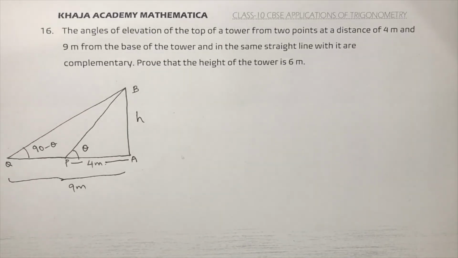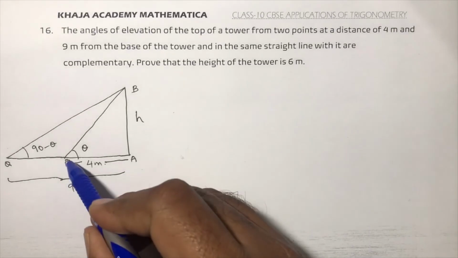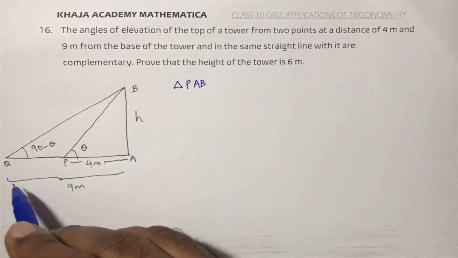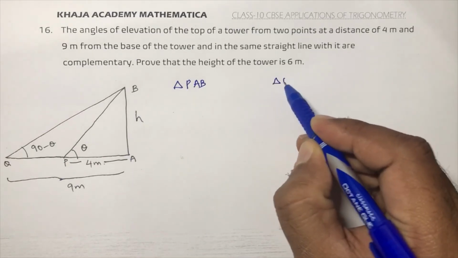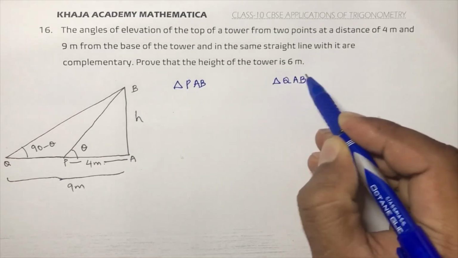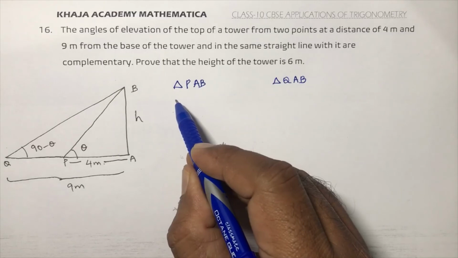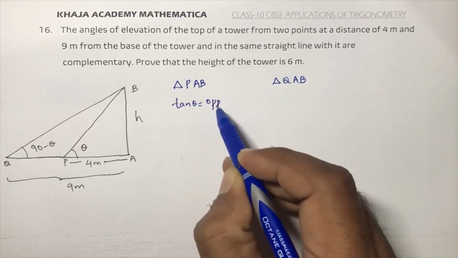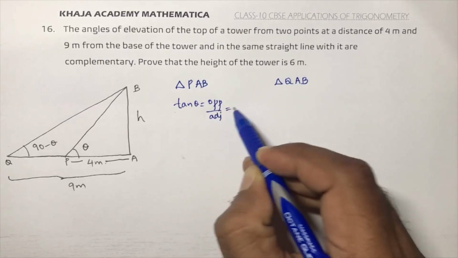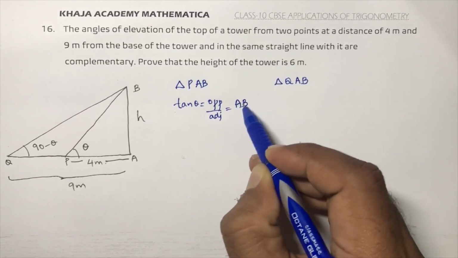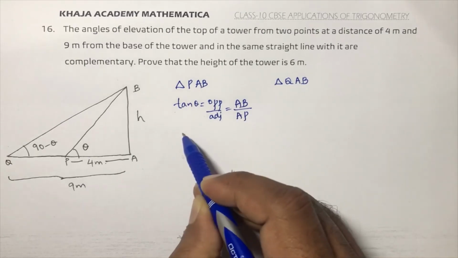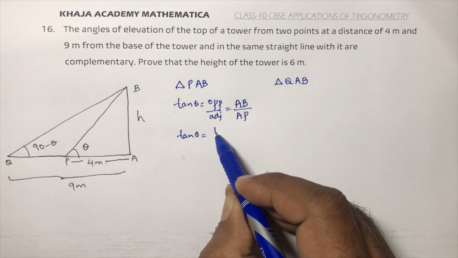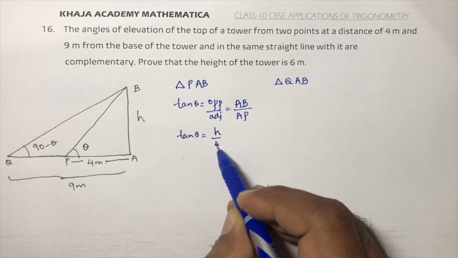Now here I'll take the triangle PAB and one more, QAB. So in PAB, tan theta is opposite by adjacent. Opposite is AB, adjacent is AP. So tan theta, opposite is H, adjacent is 4.